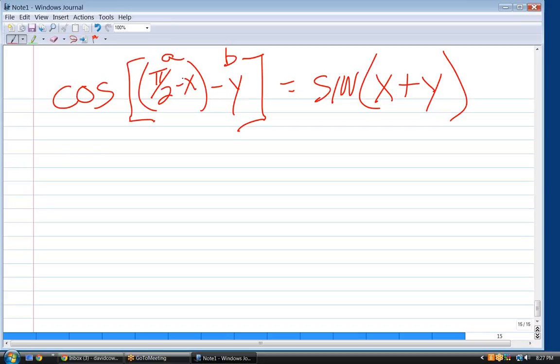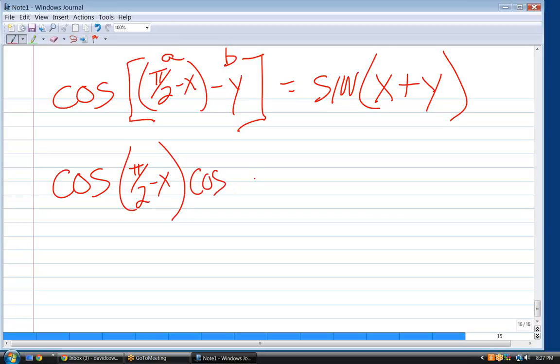And I'll show you what happens. Use the sum and difference to write this in terms of A minus B. It'll be cosine of pi over 2 minus x, cosine of y, plus sine of pi over 2 minus x, sine of y.